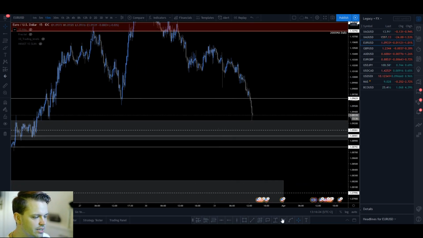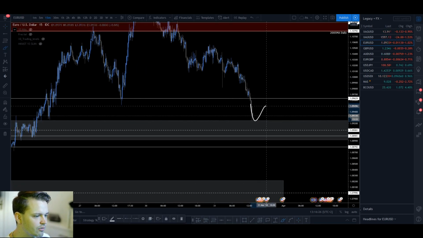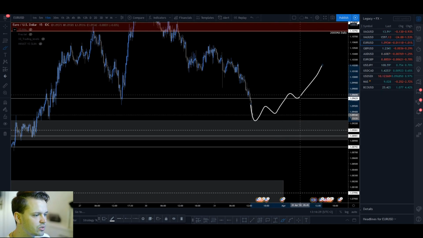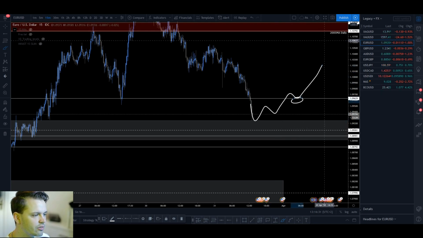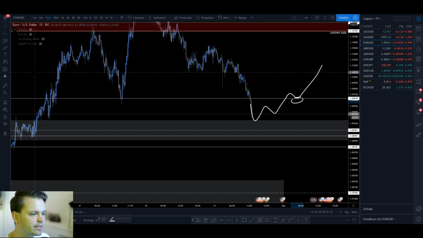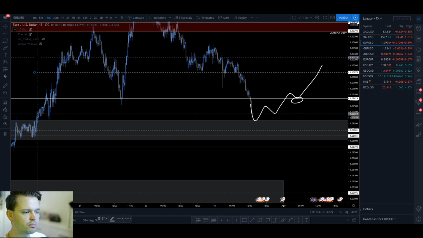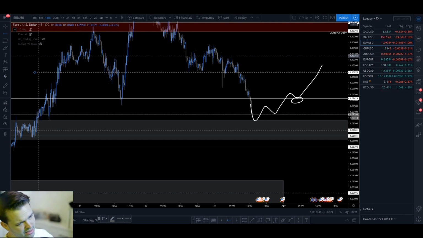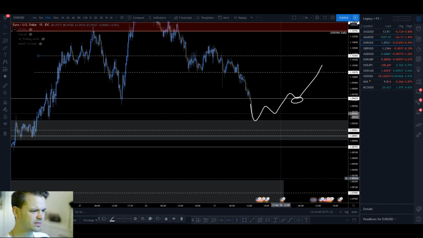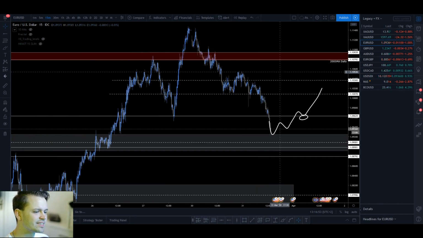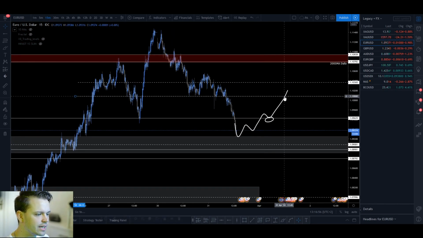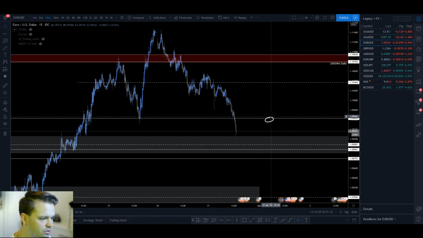What I'm looking for then is a move like this, and you enter here for a move up to, I would say, first resistance probably in this area. The second take profit area is probably somewhere in this region, and I would then wait for a move up to test the 200 simple on the daily. So that's what I'm watching on EUR/USD right now.